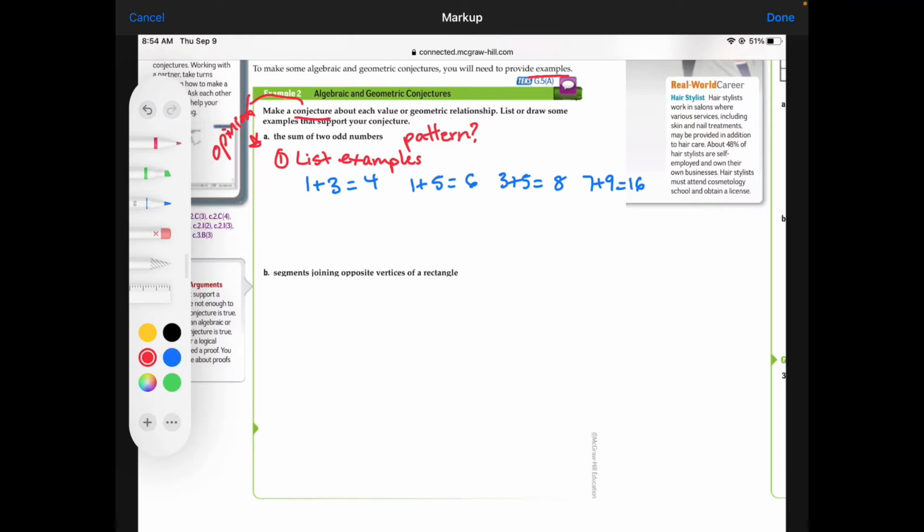Our second step to analyze these would be to look for a pattern. So we make sure that we list our examples, and then we look for a pattern. Is there a pattern? Well, we notice that the sums are all even numbers.